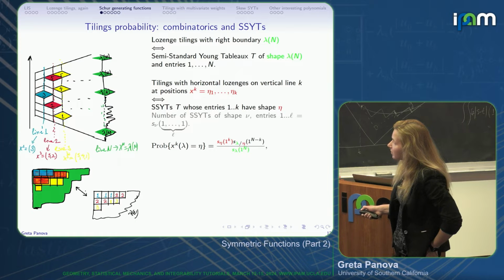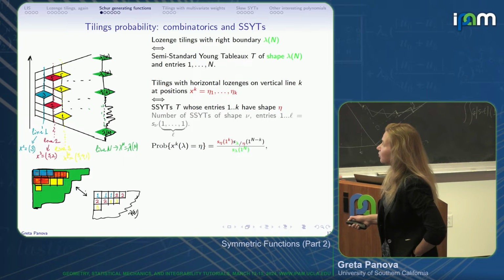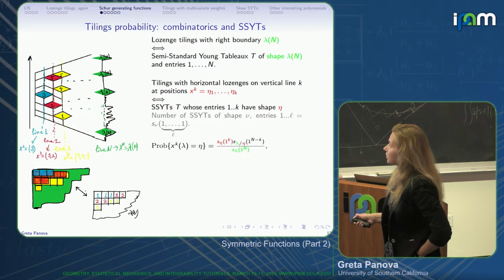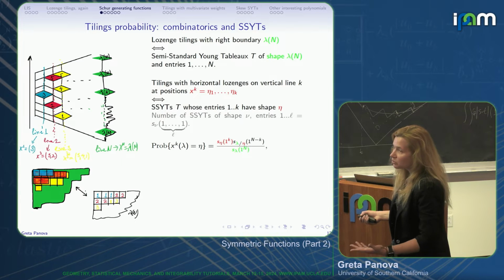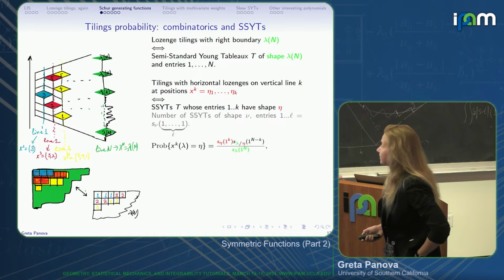So it's going to be the number of semi-standard Young tableaux of this shape with k entries, and then the number of skew semi-standard Young tableaux occupying the rest of the shape. So here nu, you can think of k equal 3 and nu being 5, 4, 1. We're looking at this shape. The rest is a skew semi-standard Young tableau, which is basically the skew Schur function evaluated at 1, 1, 1, whatever many times.